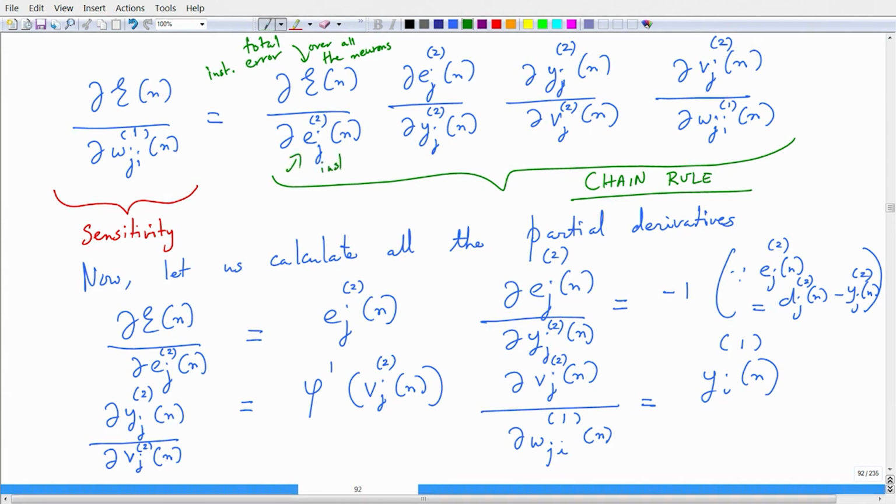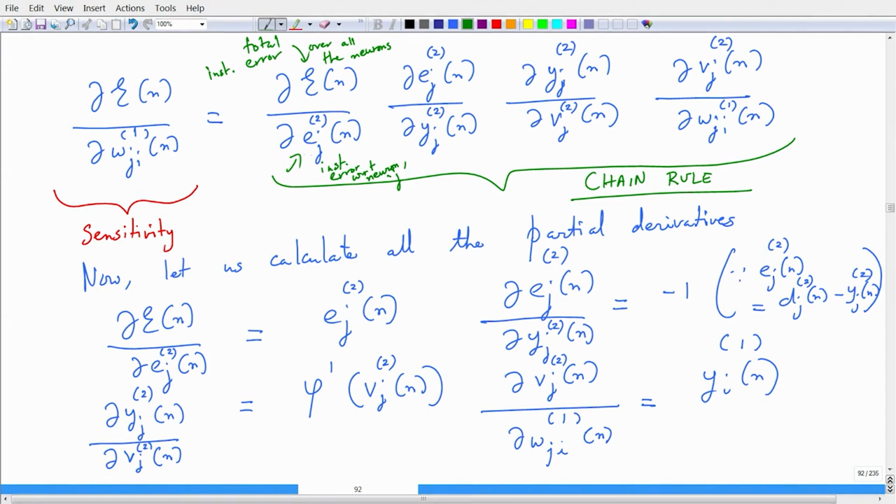This is the instantaneous error with respect to neuron j, right, and then we take the partial derivative of the instantaneous error of this neuron j with respect to the functional signal in the output layer for this neuron j.